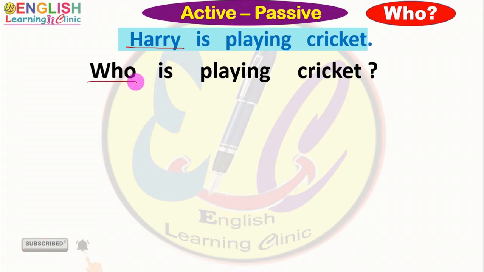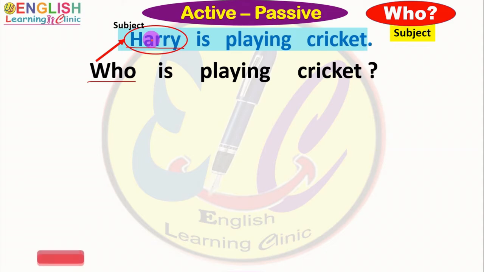And who takes the position of Harry. And you all know, to have the subject of a sentence, you have to ask question to the verb with the word who. That is, who clearly shows the subject of the sentence.